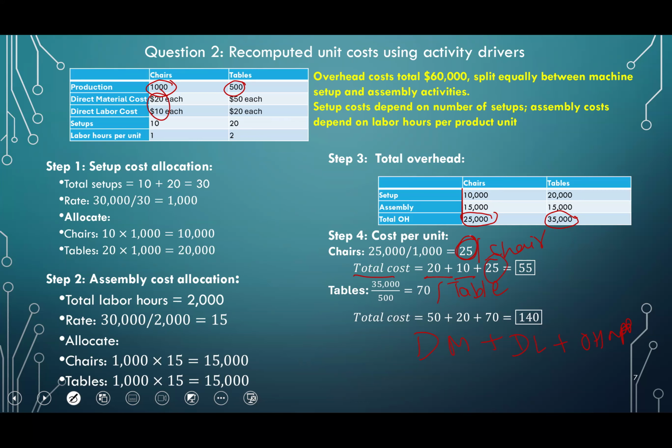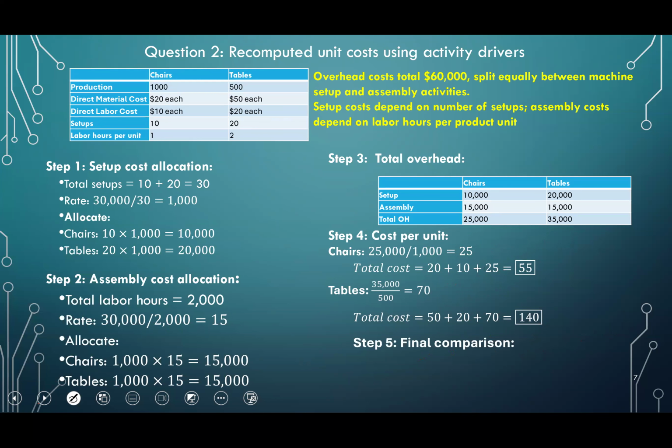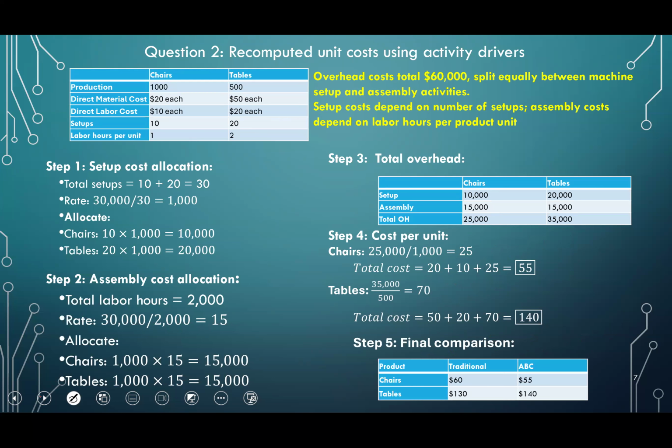Similarly for the total cost of table, these two numbers came from here, 50 plus 20, and then 70 per table came from my overhead applied.